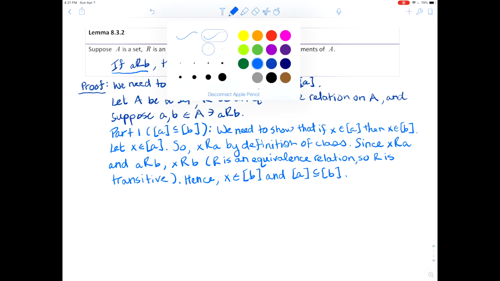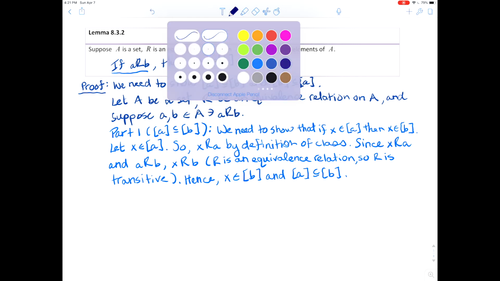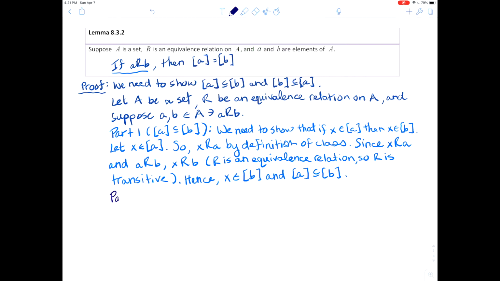All right, so part two calls for us to go the other way. So part two, we need to show that the class of b is a subset of the class of a. So what do we need to show?